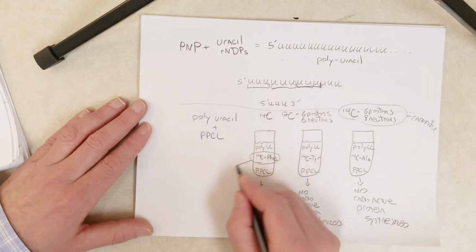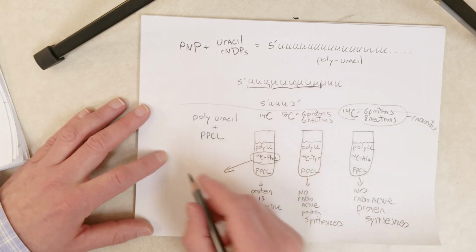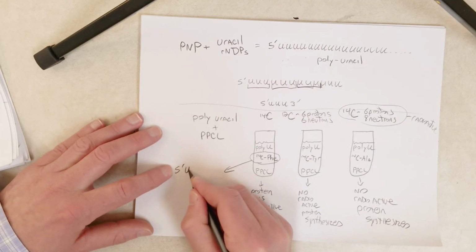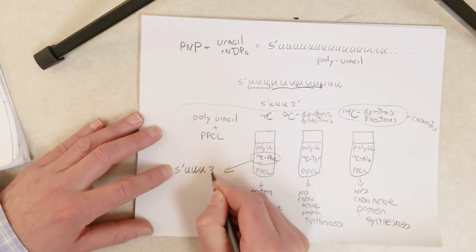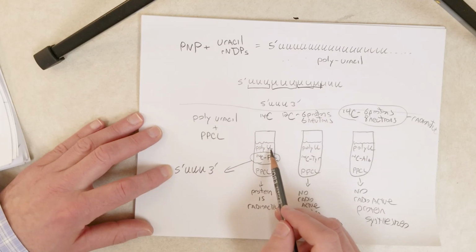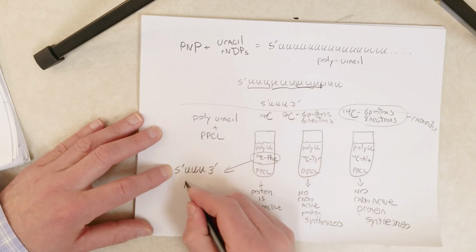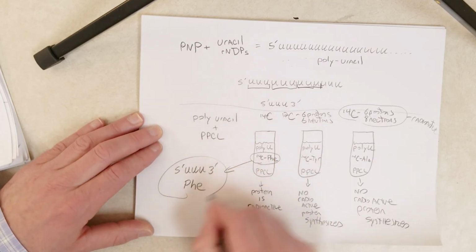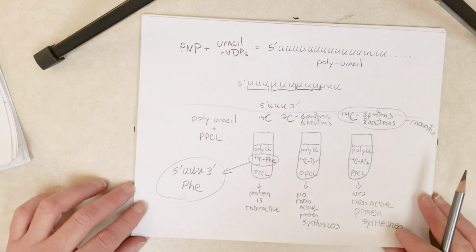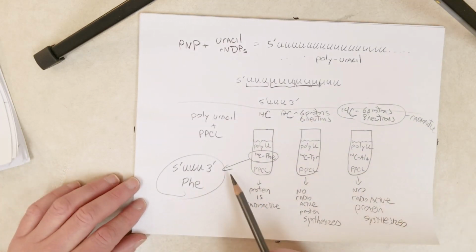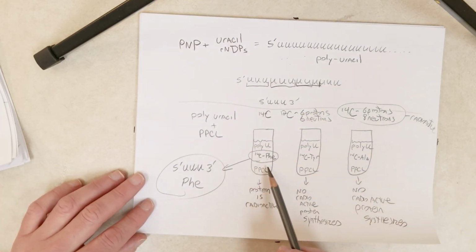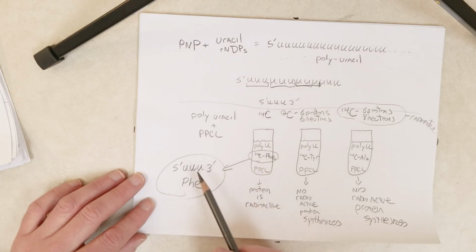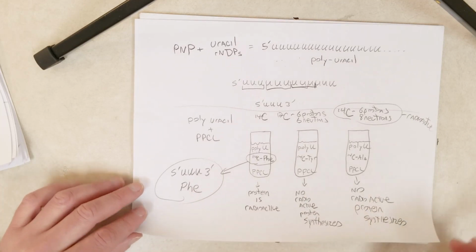So we can conclude that the codon 5' UUU, which is the only codon present in the poly-U RNA, codes for phenylalanine. Okay, so they were able to conclusively, very convincingly show that this codon of 3 U's corresponds to the amino acid phenylalanine. Now that's pretty good, right?